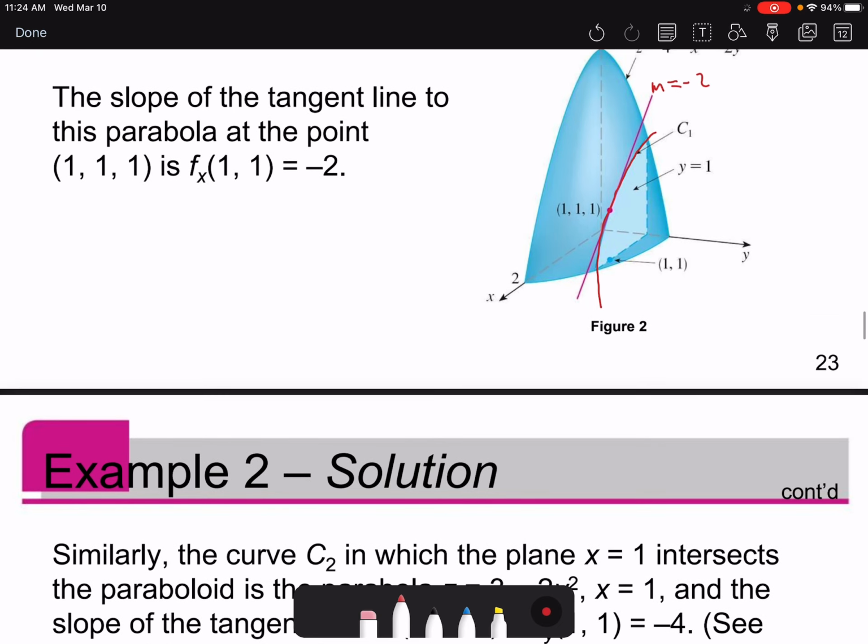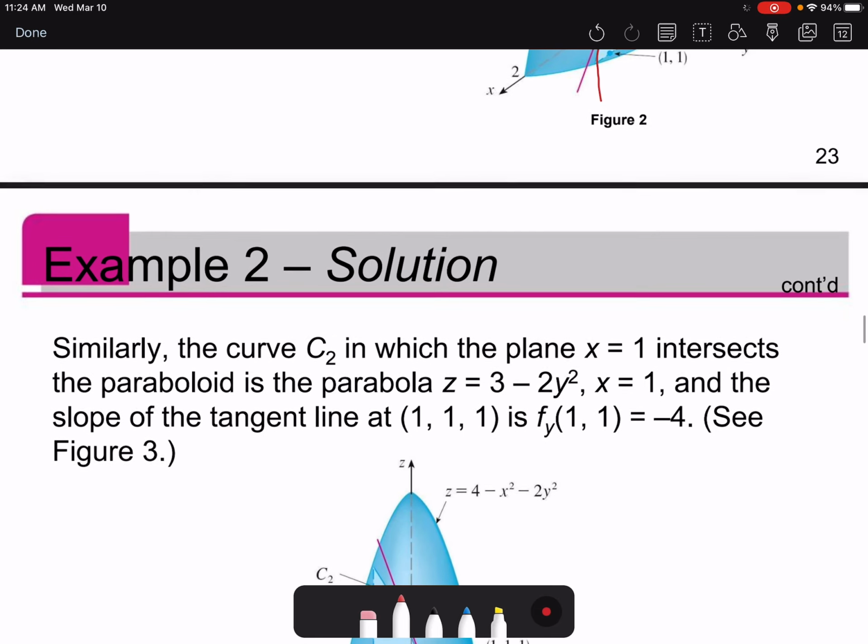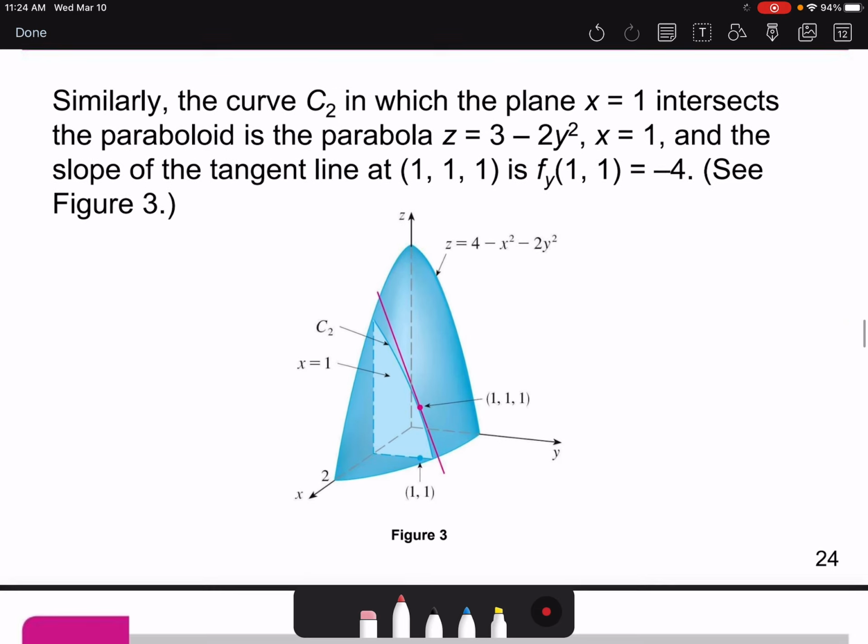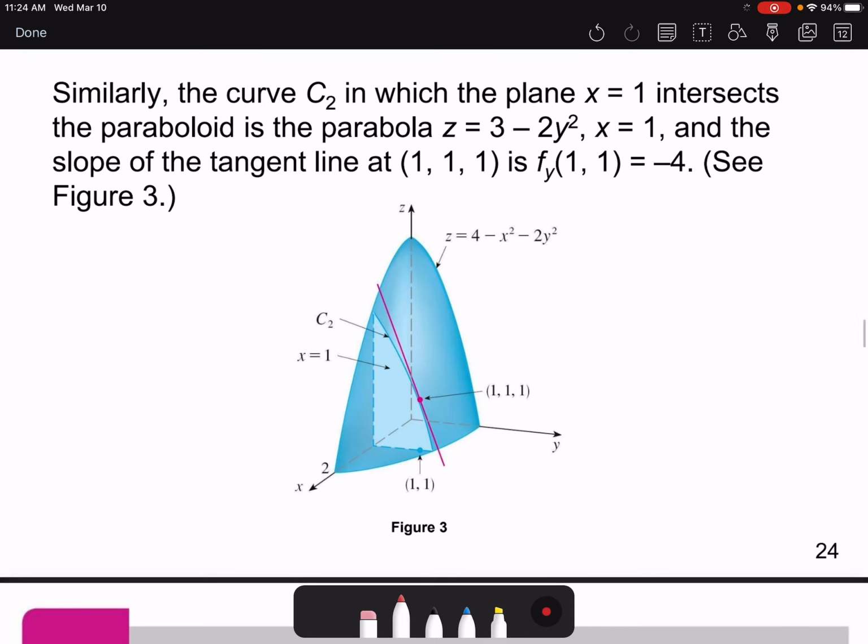That's the curve z equal to f of x, y. Similarly, if you look at the partial derivative with respect to y, now you're fixing x to be a constant. On this plane, there's the intersection between the plane and the surface. Here's curve 2, and the slope of the tangent line here is negative 4.